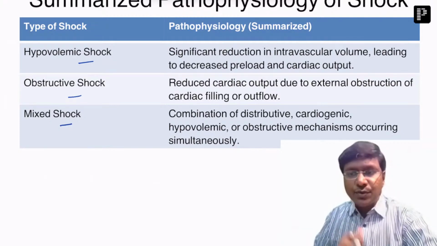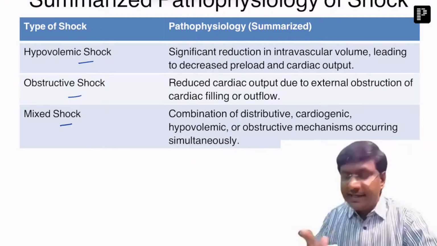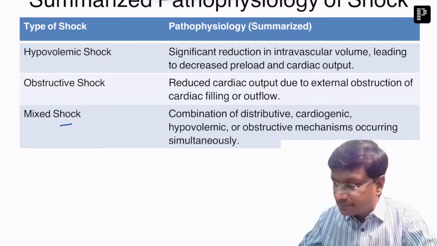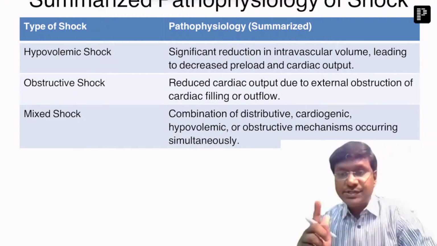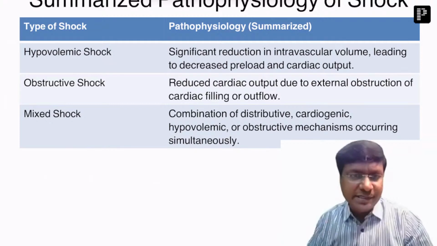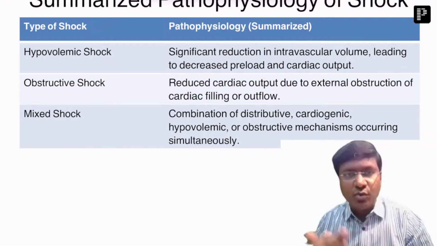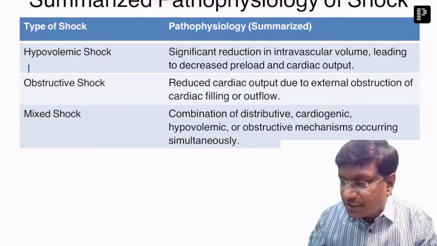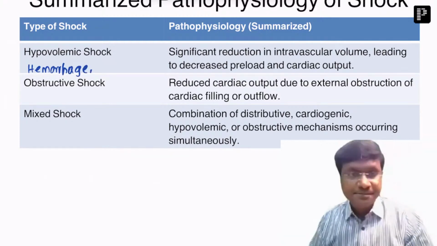Okay, coming to the hypovolemic shock. In case of hypovolemic shock, there will be significant reduction in the intravascular volume. What could be the reason for the hypovolemic shock? What are the etiologies? The etiologies for the hypovolemic shock include number one, hemorrhage.